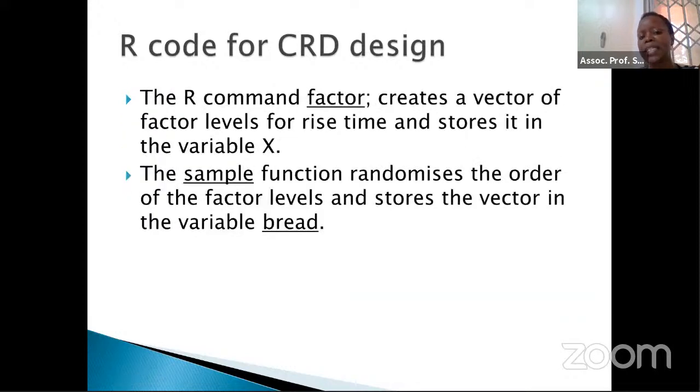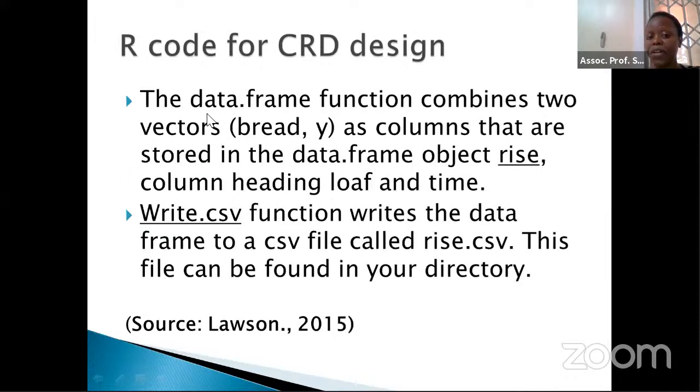So the next slides are explaining what I've been saying. The R command, the command factor creates a vector of factor levels for rise time and stores it in X. The function sample randomizes the order of the factor levels and stores in bread.